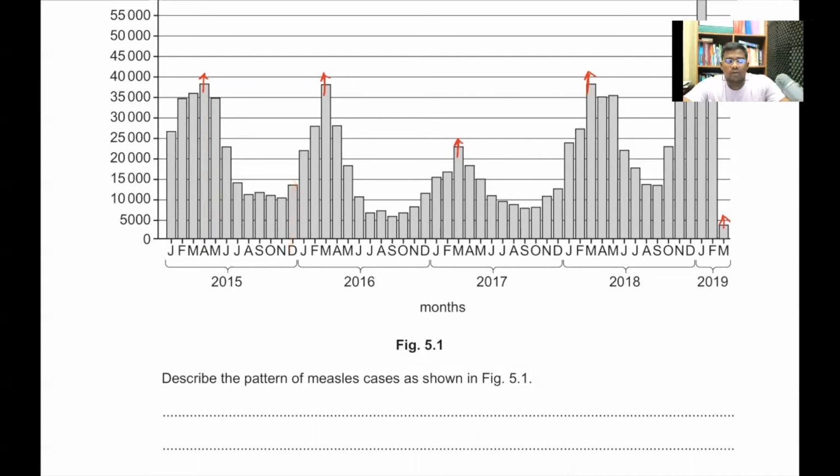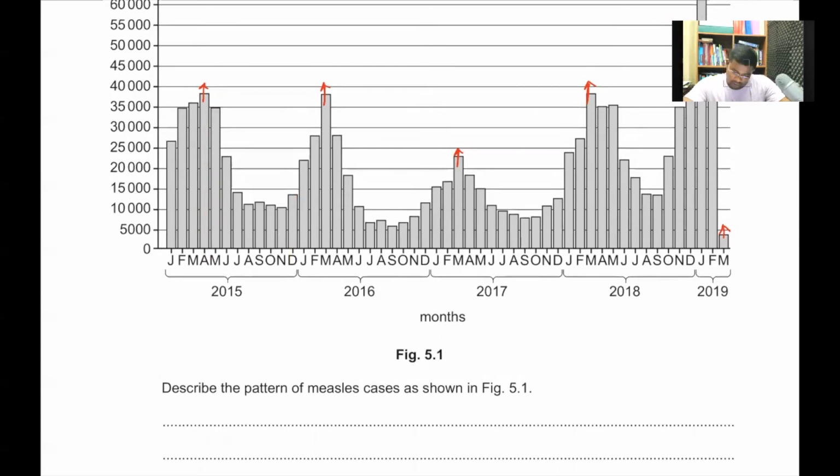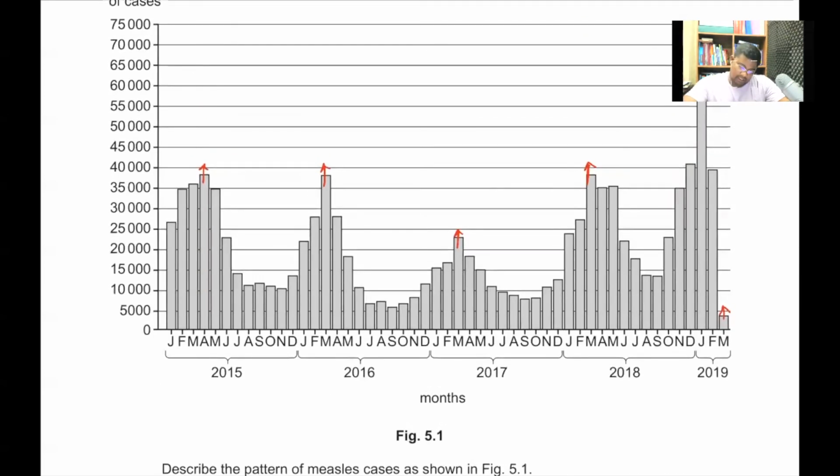The number of January 2019 are the highest. We can see in January 2019, it has the highest quantity, around 68,000 cases, and March 2019 has also the lowest number of cases, which is around 3,000 or 4,000.